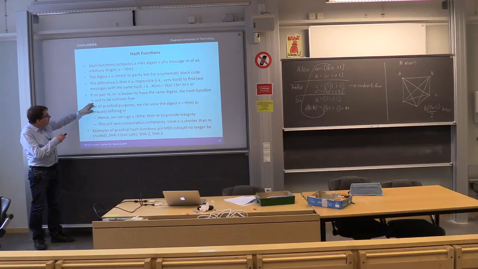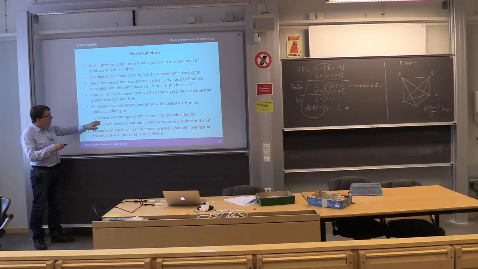If no pairs m and m prime are known to have the same digest, then the hash function is said to be collision free. And there actually exist such functions. So for all practical purposes, we can view the digest x, the hash function operating on the message, as uniquely defining m.